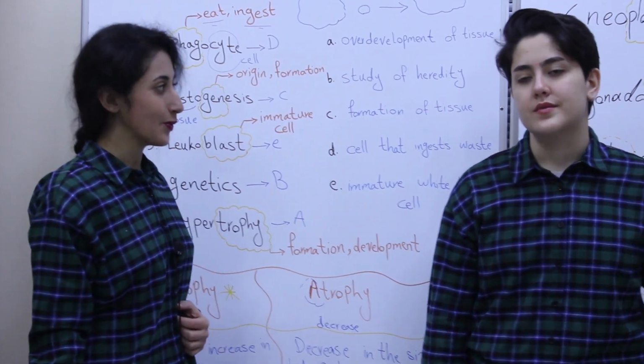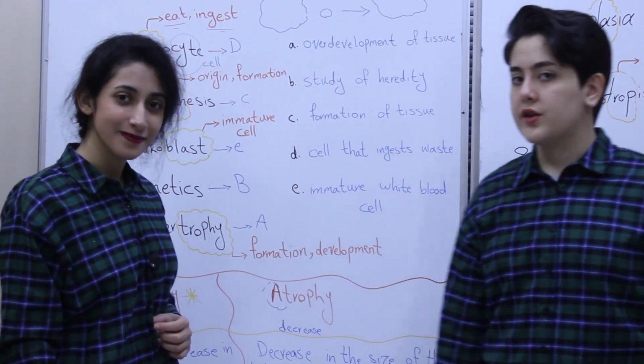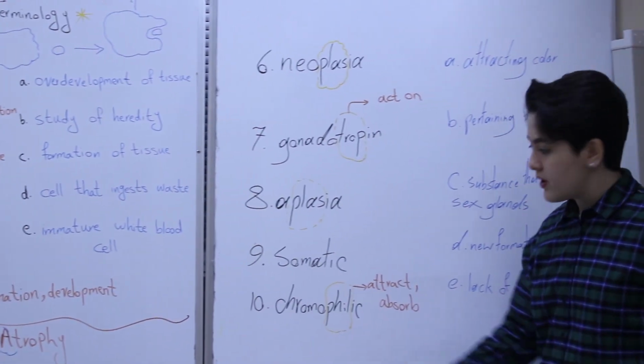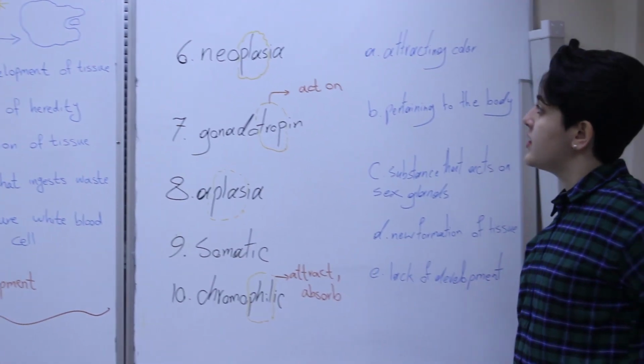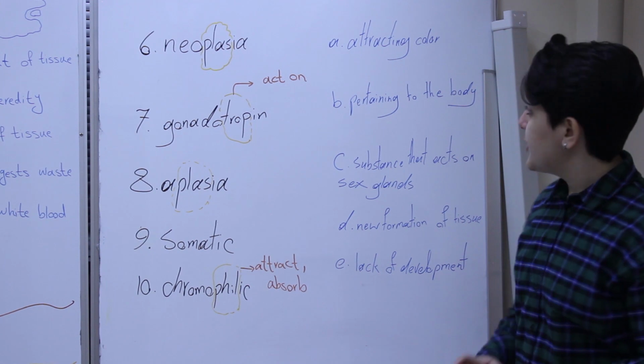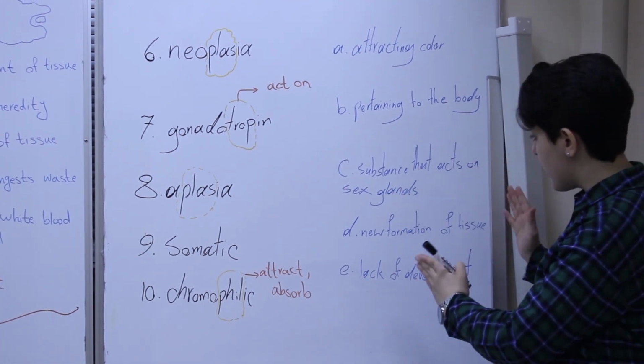So I want to continue this exercise here, the rest of it that we wrote here, which the first one is neoplasia, which you should find the answer for here.